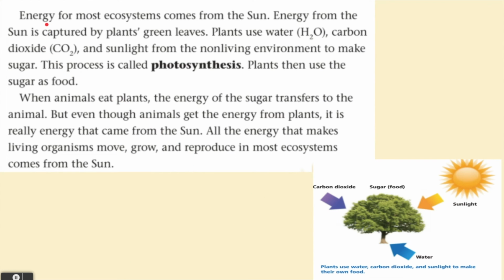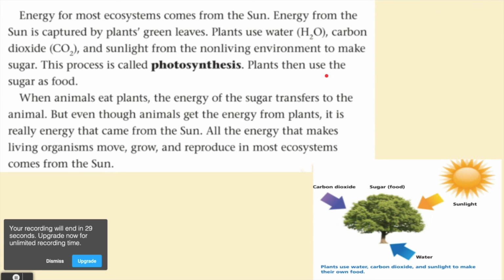Let's take a look at how plants are able to get energy. Energy for most ecosystems comes from the sun. Energy from the sun is captured by plants' green leaves. Plants use water, H2O, carbon dioxide, known as CO2, and sunlight from the non-living environment to make sugar. This process is called photosynthesis.